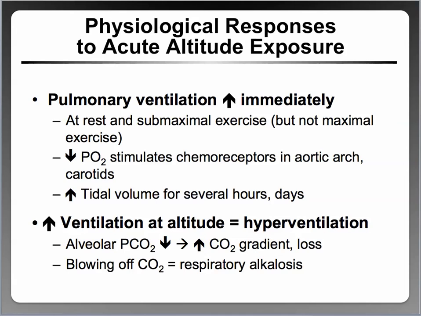Initially, you see a decrease in partial pressure, so that directly affects the chemoreceptors in the aortic arch and the chemoreceptors located in the carotid artery. Because of this, it stimulates the respiratory centers in the brain to increase both the rate and the depth of breathing.